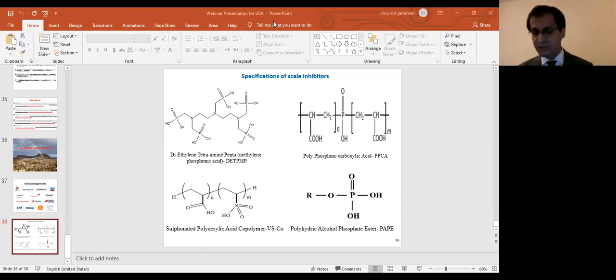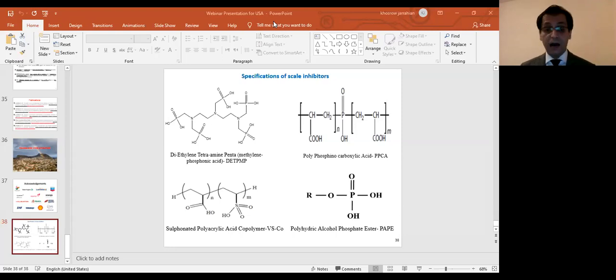I haven't presented VSCO, but I have put it in one of my papers published in SPE Production and Operations. It is a sulfonated polyvinyl acrylate copolymer, if I'm not wrong. This is mostly used in the North Sea, where sulfate scales are very important to be controlled.